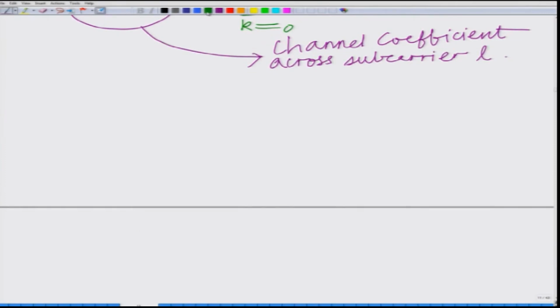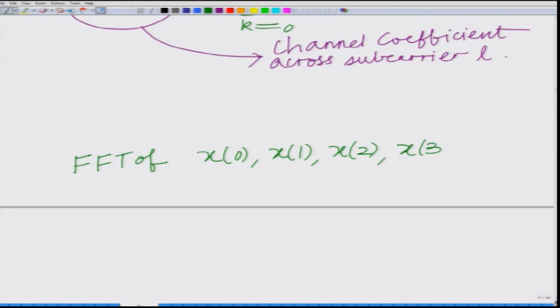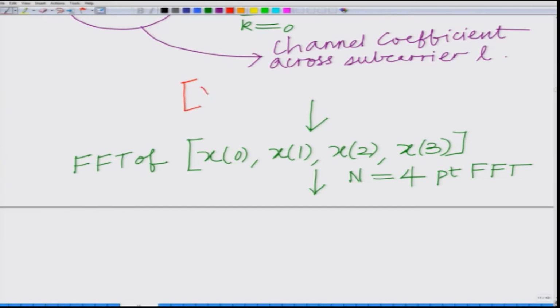Okay. And now, let us look at the FFT of the samples x. Now, we want to take the FFT, that is obviously the n equal to 4 point FFT, but observe that these samples are given by the IFFT of the symbols.